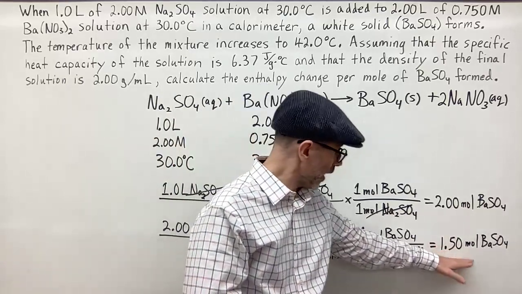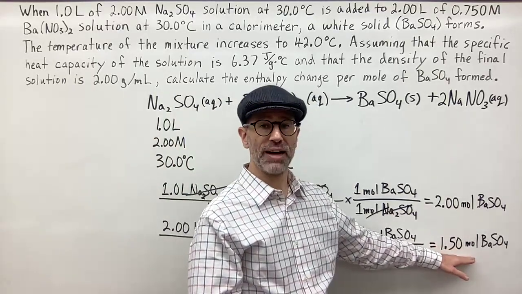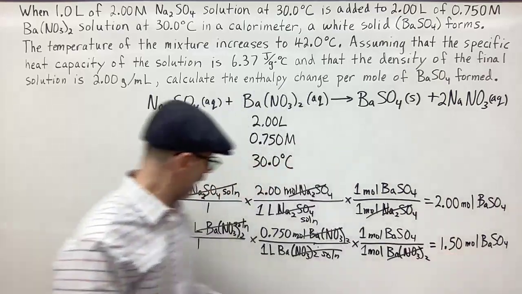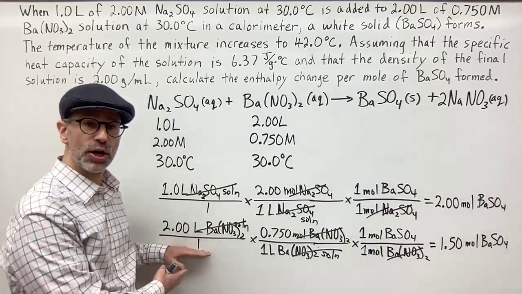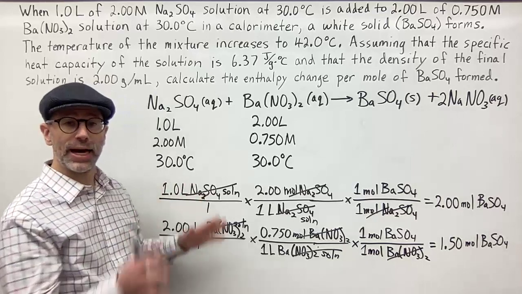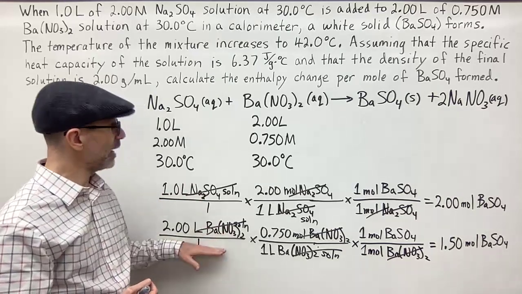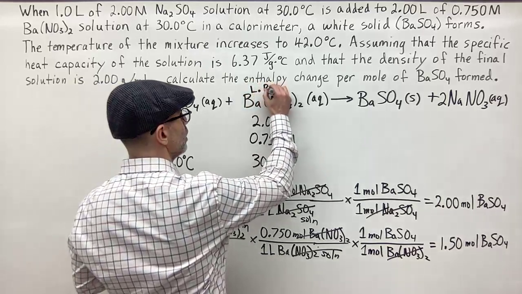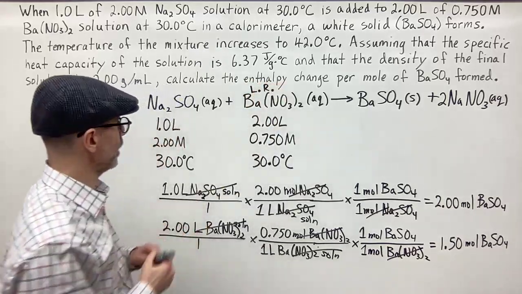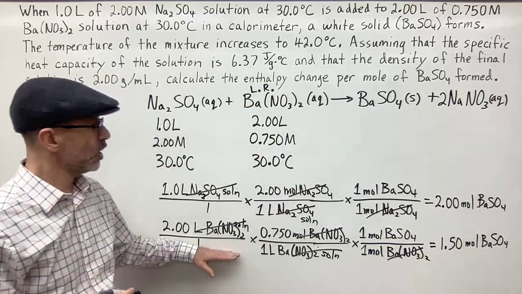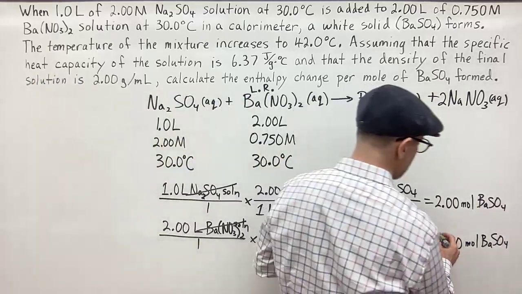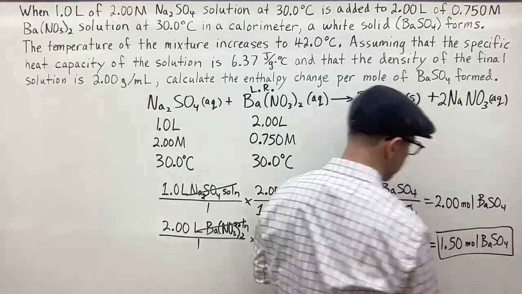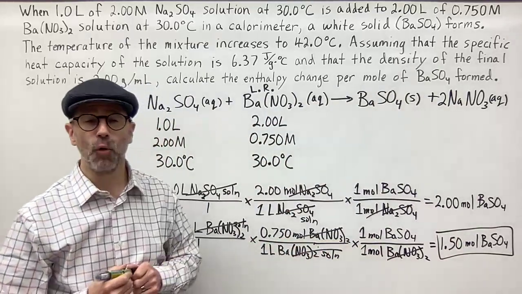So once I produce 1.50 moles of the barium sulfate, I am not going to have any more barium nitrate left over, so the reaction is done. So barium nitrate is the limiting reagent. This is the maximum number of moles of product I can form.